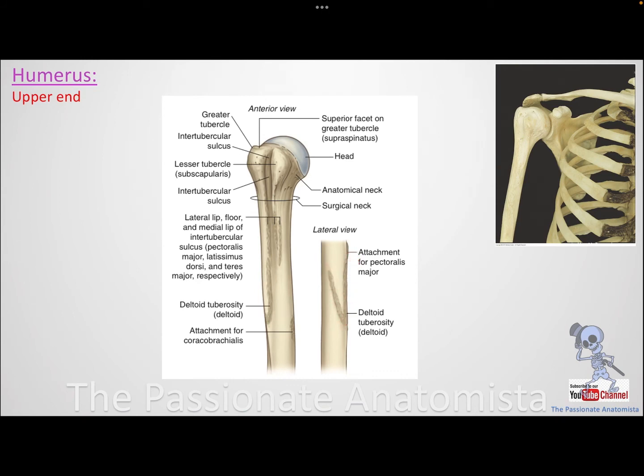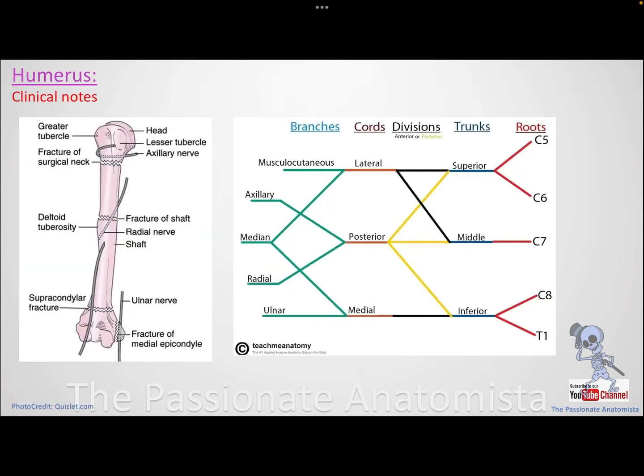Now, what are the important clinical notes in the humerus? We're going to talk about the brachial plexus in a separate video, but I want you to know that the terminal branches of the brachial plexus are the musculocutaneous nerve, axillary nerve, median nerve, radial nerve, and ulnar nerve.